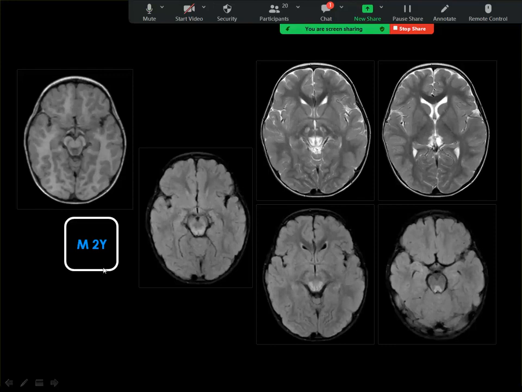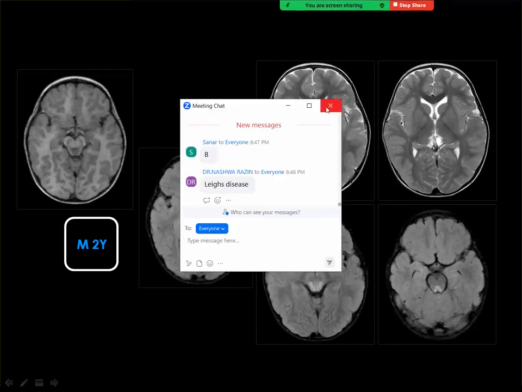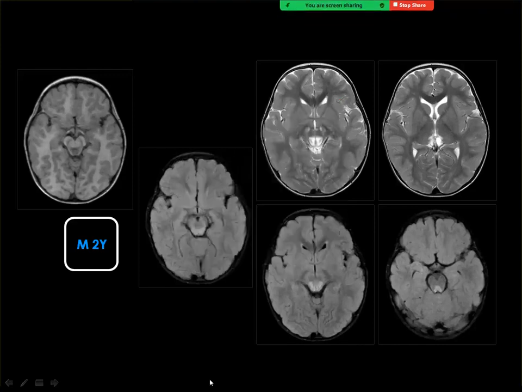Male child, 2 years old, with the characteristic distribution of the lesions. And you see in these FLAIR images, you got bright signal in this particular part of the brain, and you got some bright signal also here. And maybe affection of the basal ganglia, but in this case, no. Yes, and this is Leigh disease.